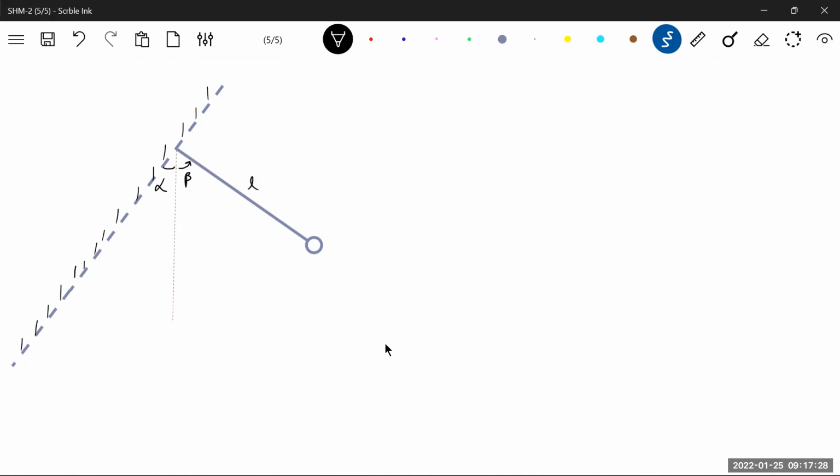There's a beta. There's a wall. I think it'll be much easier for you. There's an elastic wall. We have to find out the time period of the pendulum for alpha greater than beta, and for alpha less than beta.